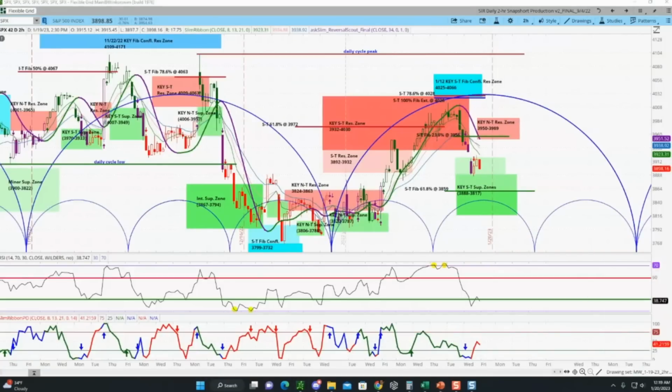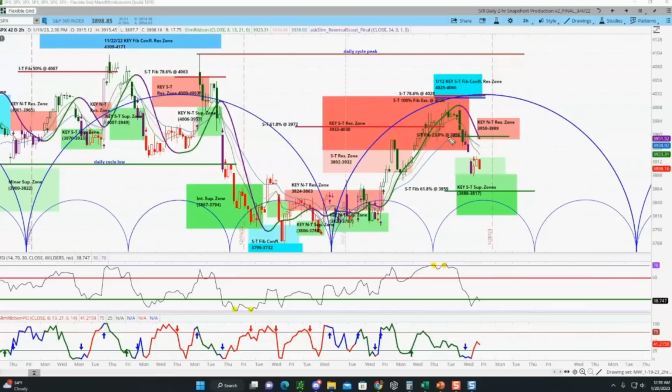All right, so in terms of a peak likely having been established, what we are looking at here is we have 2 momentum indicators, a reversal scout, which is this green line that shifted negative on the 17th, and then also we had a close below the slim ribbon, the third band of the slim ribbon.